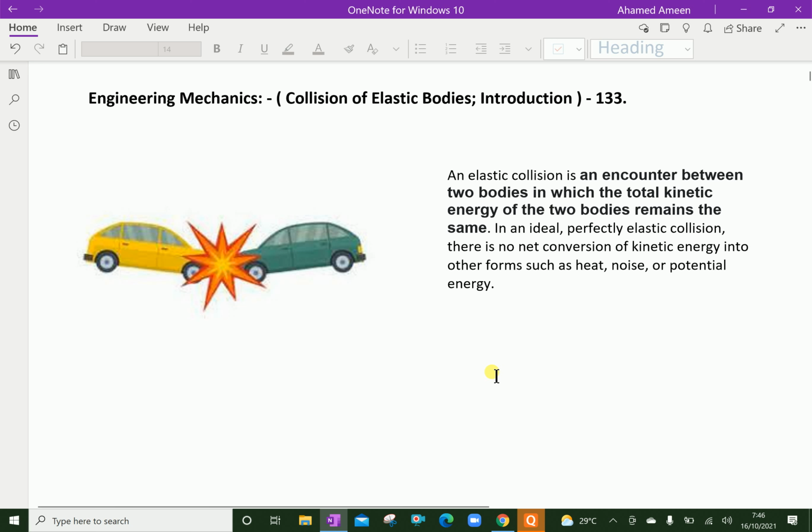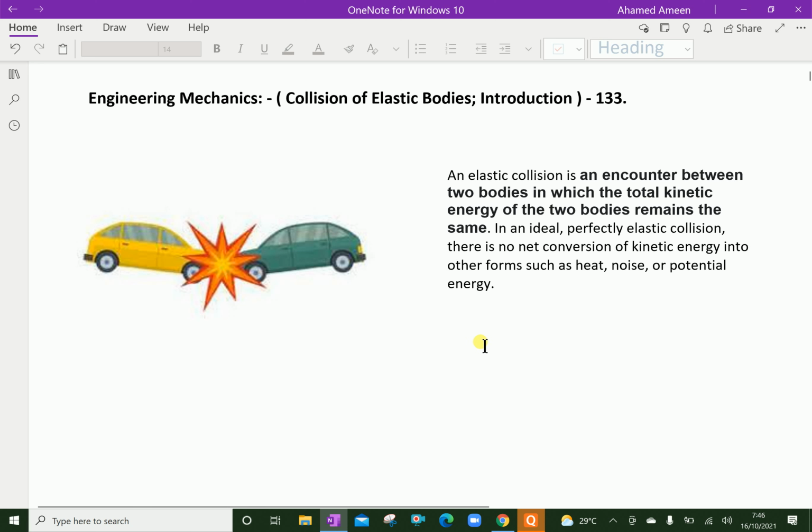It may be noted that a body which rebounds to a greater height is said to be more elastic than one which rebounds to a lesser height. But if a body does not rebound at all after its impact, it is called an inelastic body.